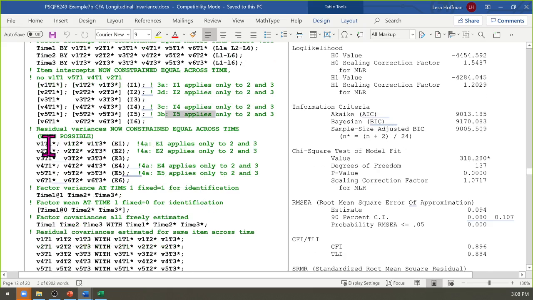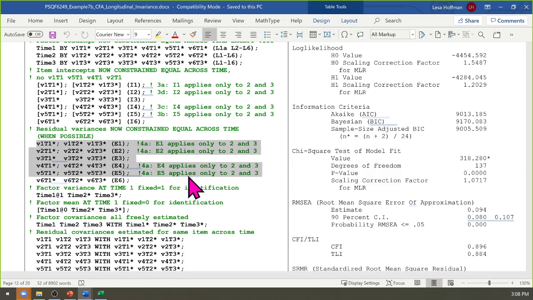So I'm starting step 4A with all of these things free based on already having been kicked out of the tournament. So these are thresholds, or nope, intercepts this week. These are intercepts that were already declared non-invariant, so we don't test their residual variances.